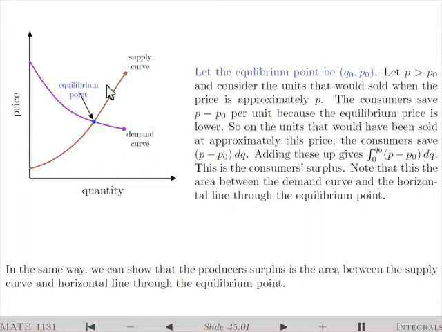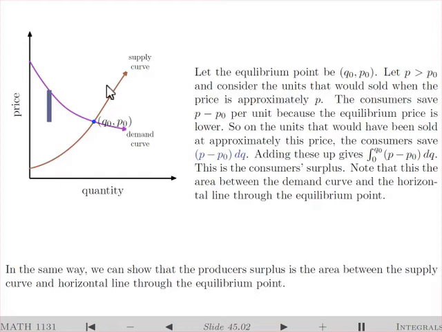Take a price that's above the equilibrium price, say P. Consider the units that would be sold when the price is approximately P. The consumers who would be buying at price P are saving P minus P naught per unit, because the equilibrium price is only P naught, so the consumers are paying only P naught instead of P. We get a small quantity dQ, which would be sold at approximately price P. So the amount the consumers save is the amount saved per unit, P minus P naught, times the quantity sold at approximately that price P, namely dQ. So these consumers are saving P minus P naught times dQ.